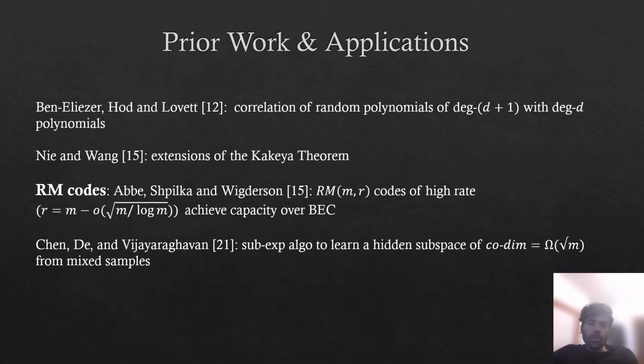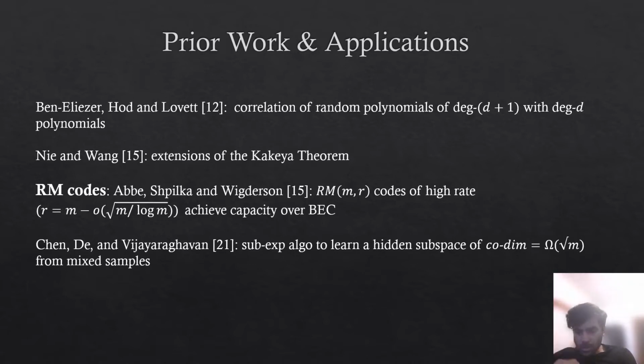But specifically, Abesh, Pilka, and Victorson used these bounds to show that Reed-Muller codes of really high rate, so RM(m, r), when r is just square root m shy of m, achieve capacity over the binary erasure channel. We will get into the nitty gritties of this very soon, but I just wanted to state the result out for a minute.